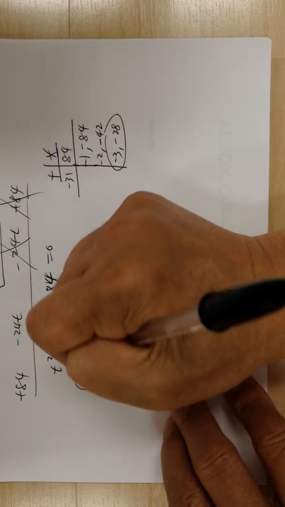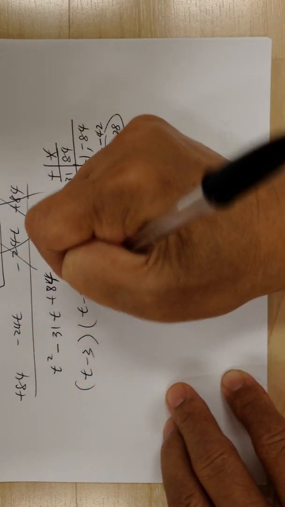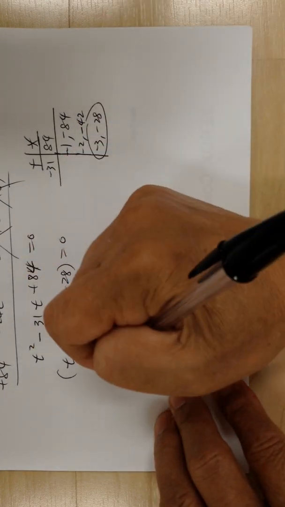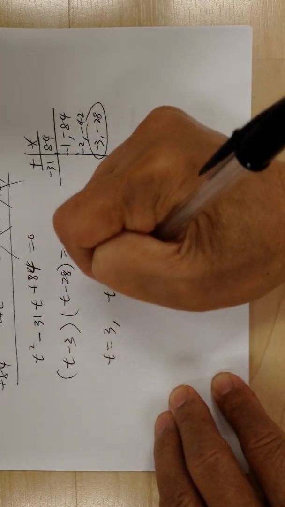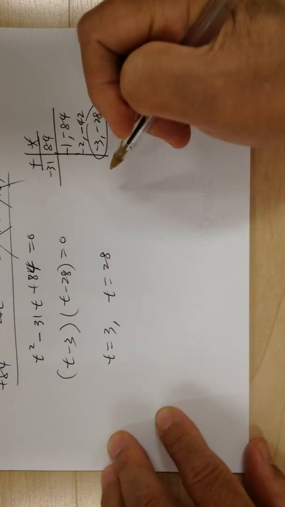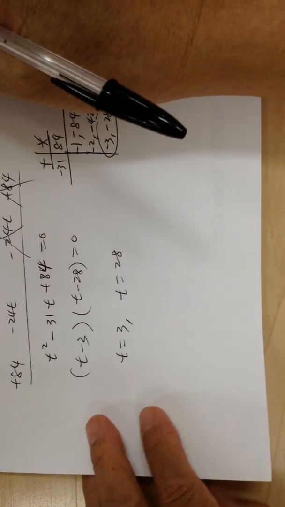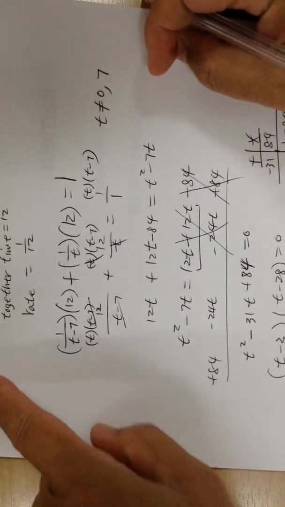So I get t minus 3, t minus 28. So I solve, I get t equal to 3, t equal to 28. Okay. Now, you have to do a little bit of checking, okay?